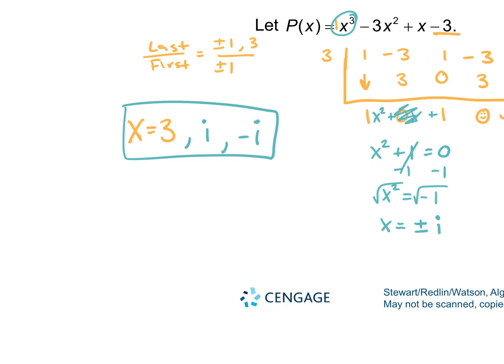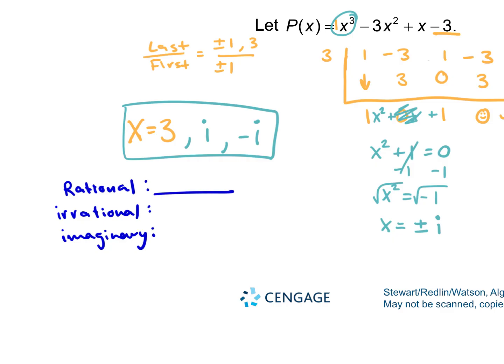On the homework, I think it'll say rational zeros, or it'll say real zeros. It'll say irrational. And then it'll say imaginary. So rational zeros would be any real numbers, so that would be 3.